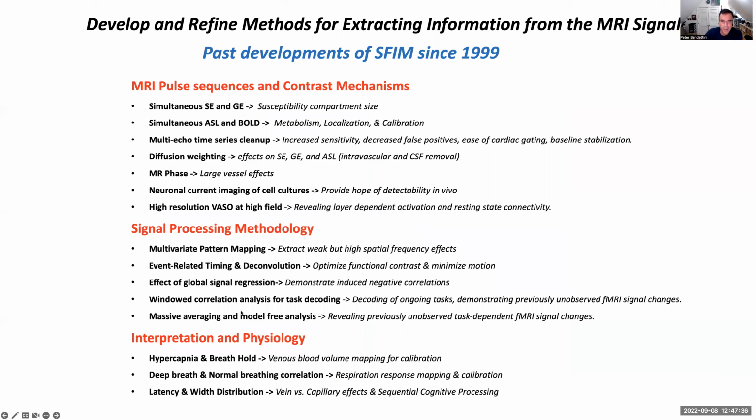So this is a busy slide. It's just to give a perspective of over the years, at least since 1999, when I came here to the NIH, we've been really busy pushing many different avenues of understanding the signal, developing pulse sequences to be more specific to specific types of neurovascular coupling, developing signal processing methodology, everything from multivariate mapping to talking about global signal regression and various other techniques for extracting time series data.